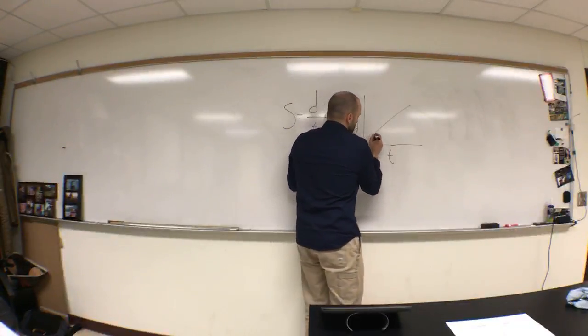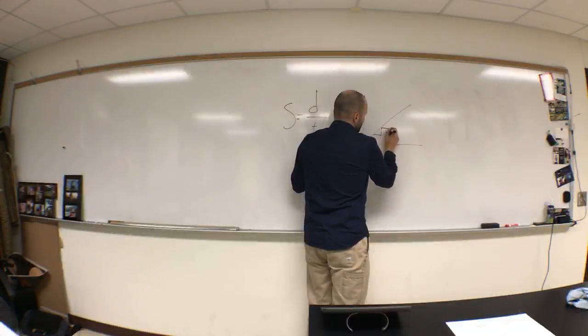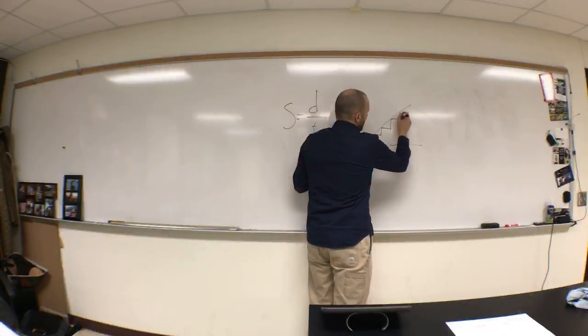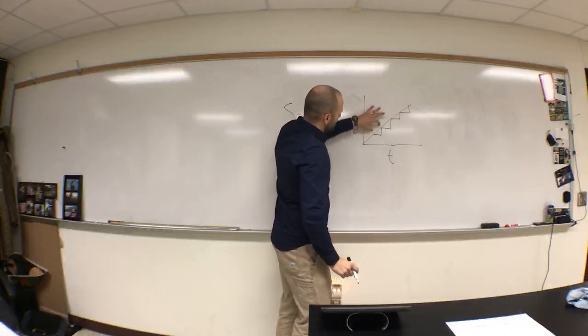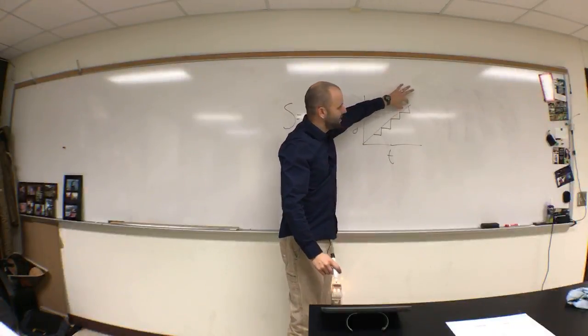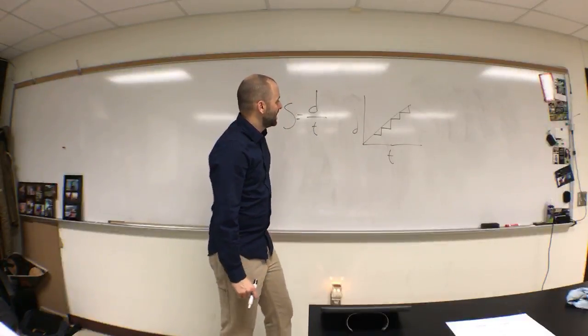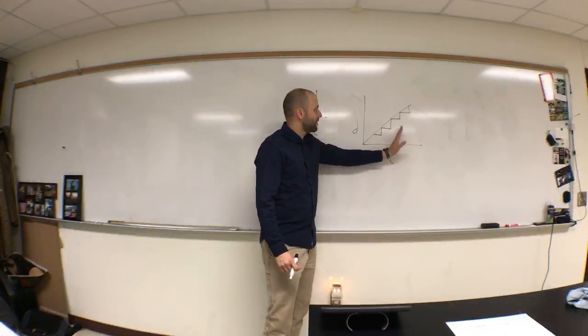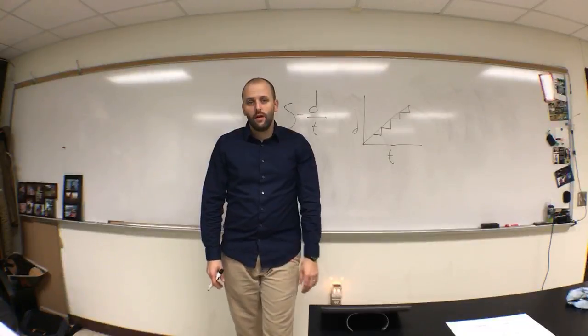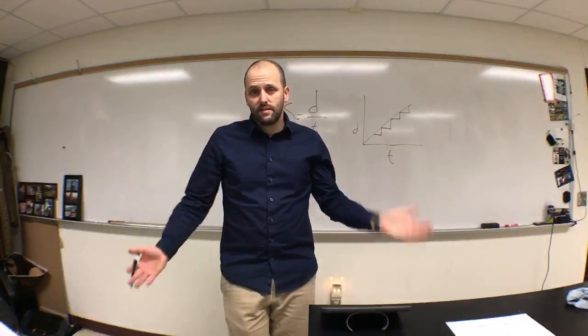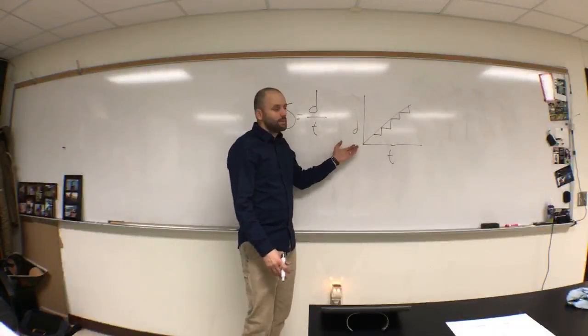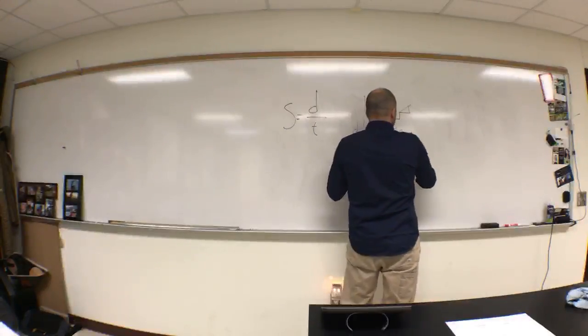So if we did a little thing like this, and we can have a little stair step, and it would be the same all the way up. You would notice that this relationship on each one of those hypotenuses would be the same value. Okay? What we're saying is each time interval that we cover the same height, or we cover the same amount of distance in this case. So this would be an example of constant speed.